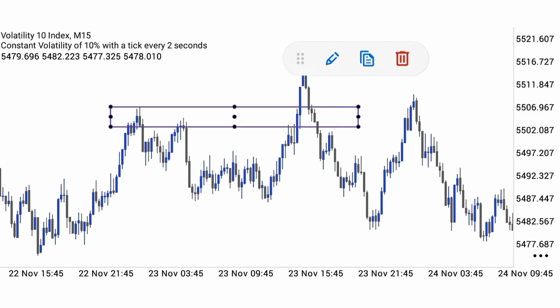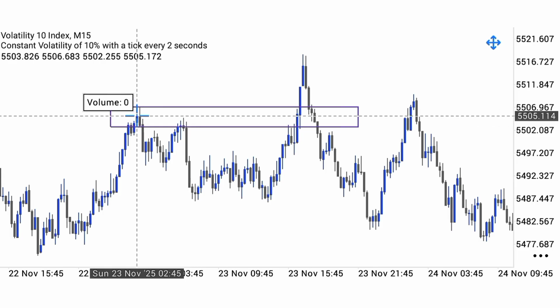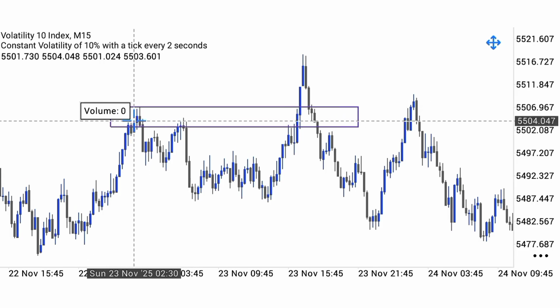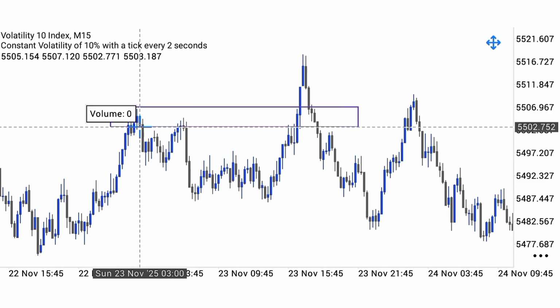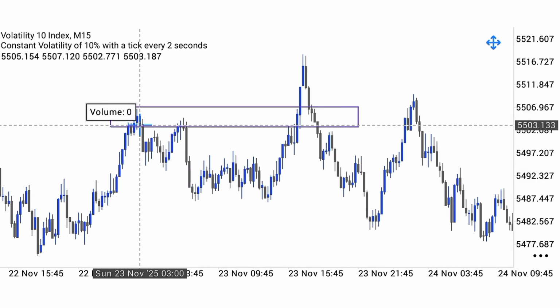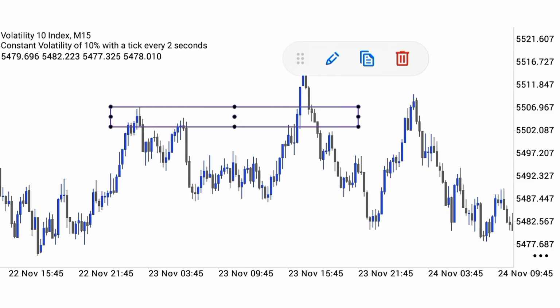So drawing your supply and demand, you can draw it on the candle, the first candle, this candle here. You can draw it on this candle. So if it is bearish, let's say you are looking for a supply area. If the last candle is bearish, you draw it on the wicks. You draw your line on the wick.